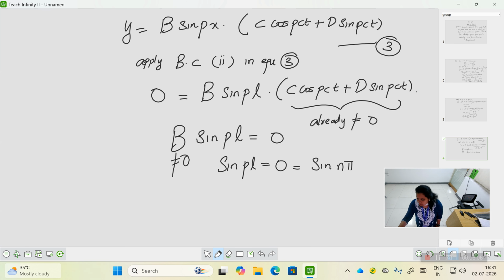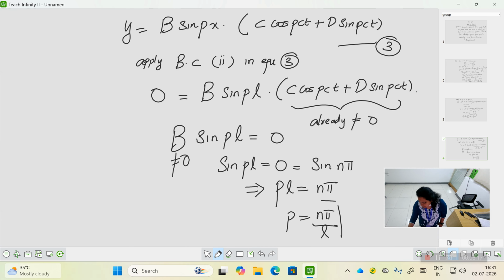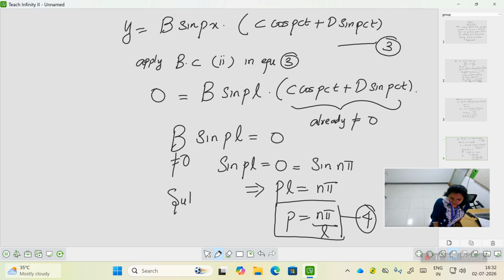So don't cancel sin on both sides. We have to find the value for p only. So p L equal to n pi, p equal to n pi by L. So put it in a box, because we found the value for p, which is my fourth equation. So substitute 4 in 3.